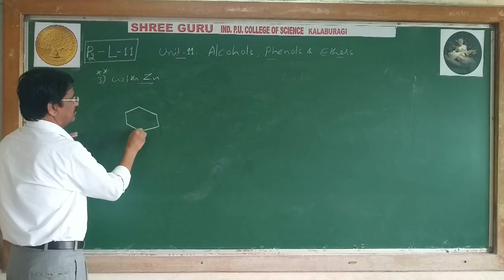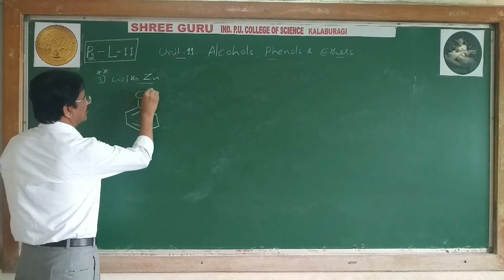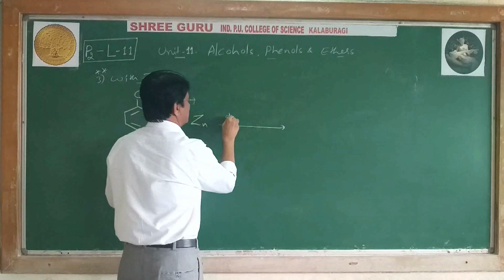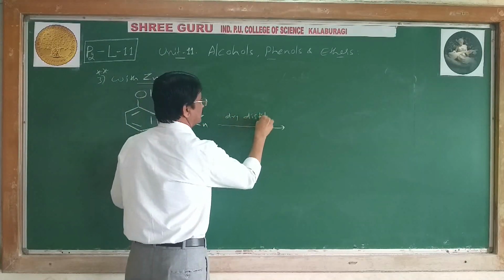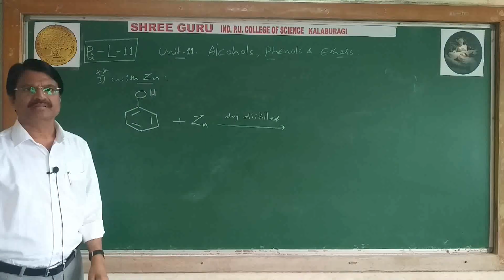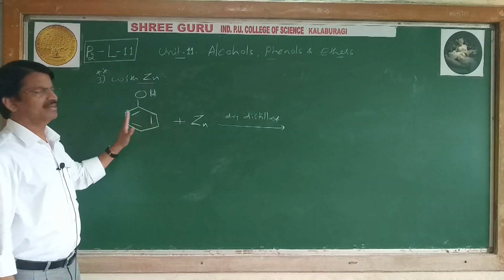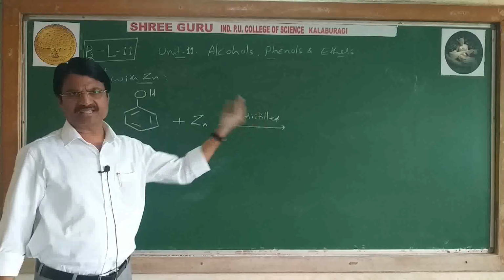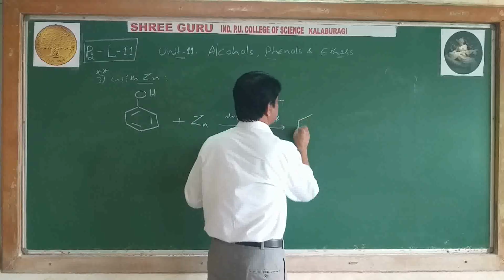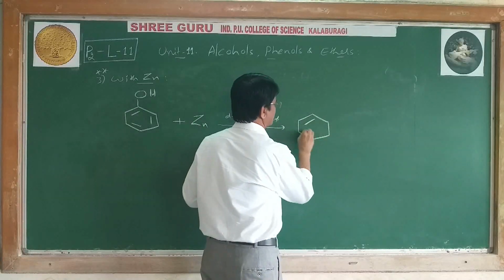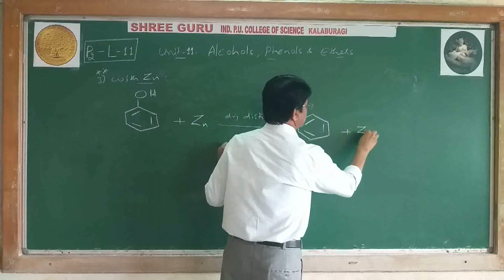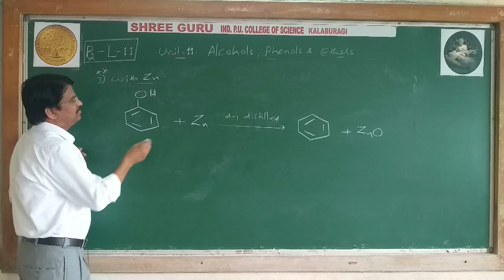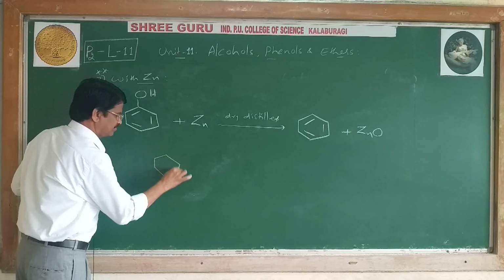Phenol plus zinc, this is dry distilled. Without adding water, just add zinc powder and heat with phenol. After a few minutes, we get a colorless liquid, benzene, plus ZnO. See what happened during the reaction.